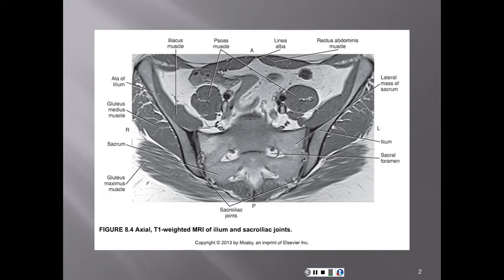Okay, this is an MRI axial T1 weighted image of the ilium and SI joint, or sacroiliac joints. We need to identify the linea alba, a fiber structure that runs down the midline of the abdomen.